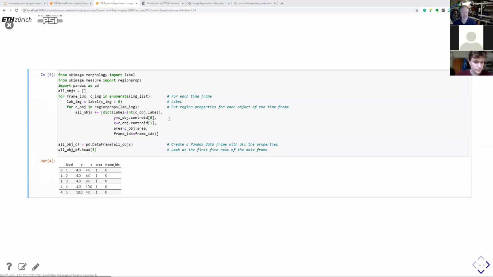All of that is put together in a data frame, which is kind of a database or just a table actually, but you can do a lot of fun stuff with it. For now, we just see that we have different labels, we have positions, and the area is 1. As you could see before, it was just a single pixel. And the frame index is just the same, so everything is from the same frame.